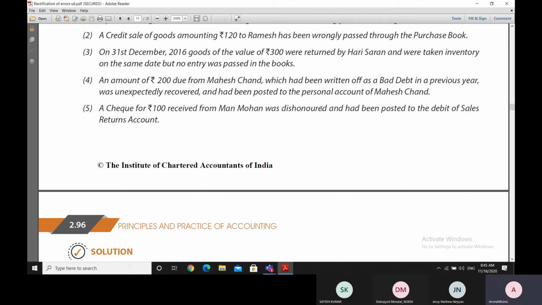But what we are doing is that instead of debiting Manmohan, we are debiting sales return. So to cancel the debit in the sales return account, we'll credit the sales return and debit Manmohan where the debit should have actually gone.